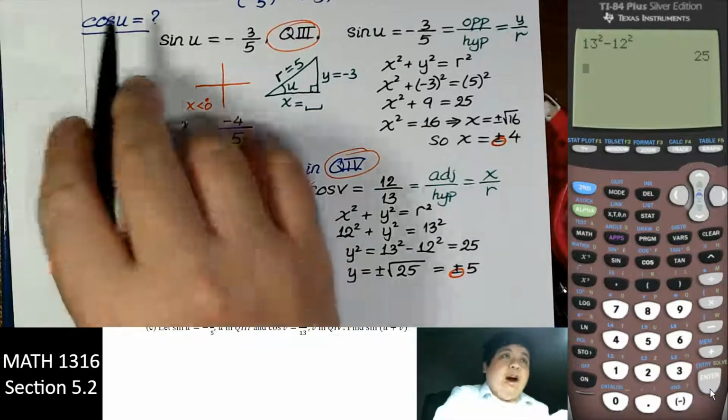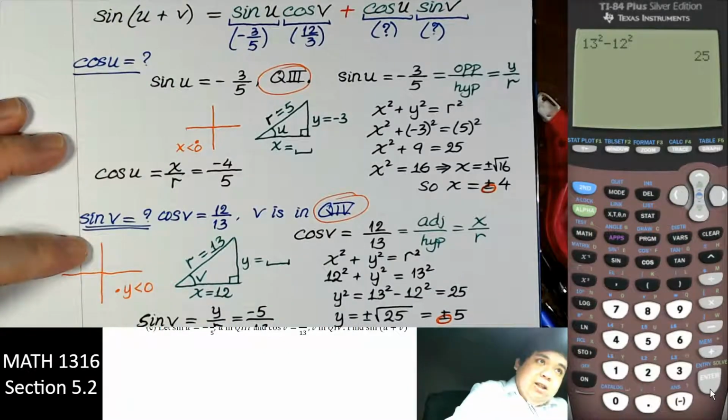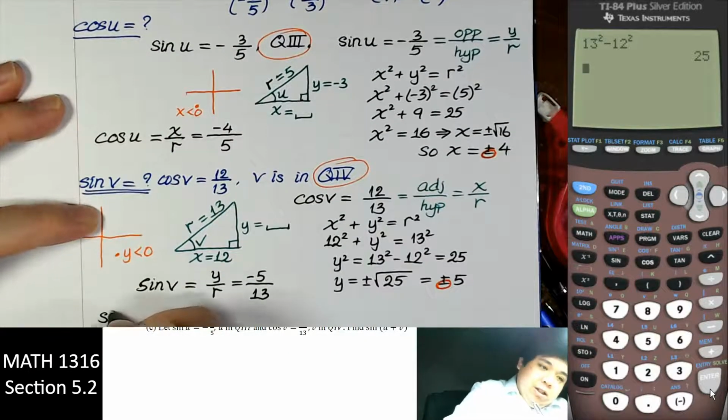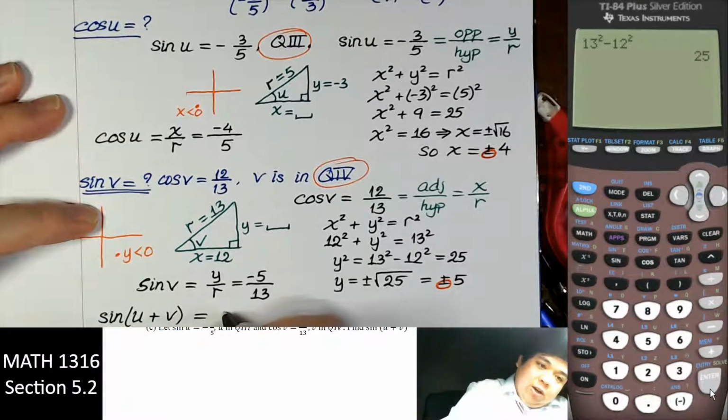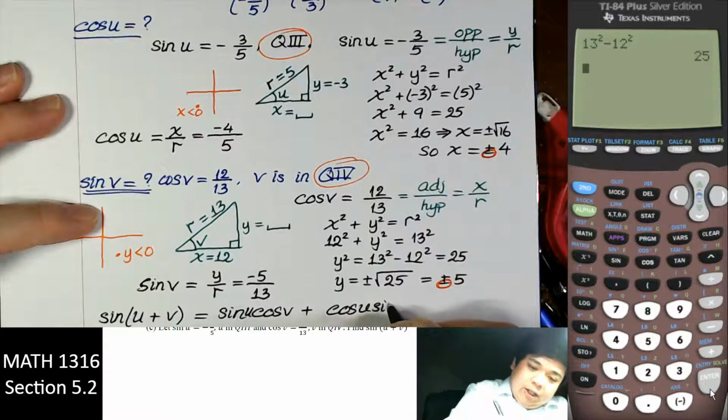Right, and finally we can go back to that. Sine of u plus v equals sine u cosine v plus cosine u sine v.